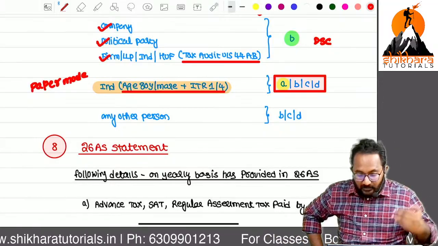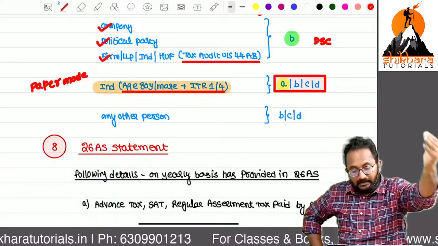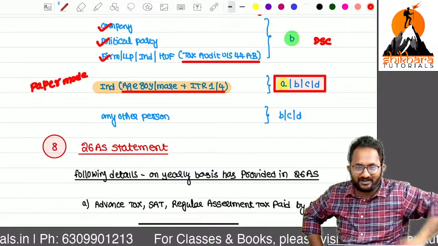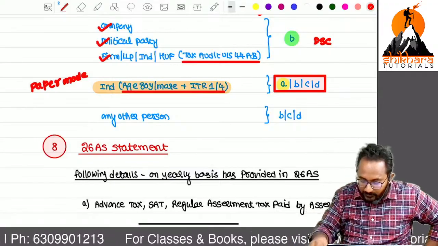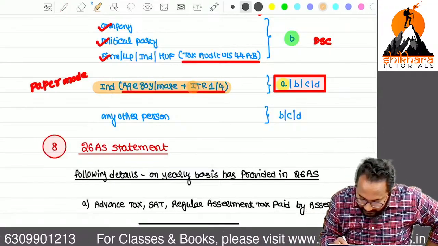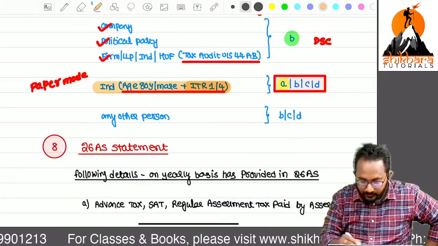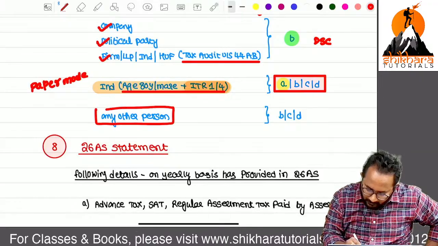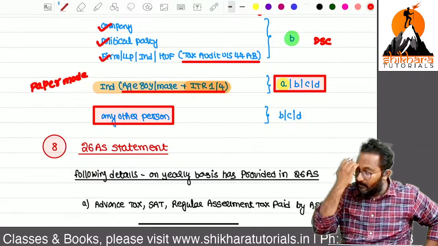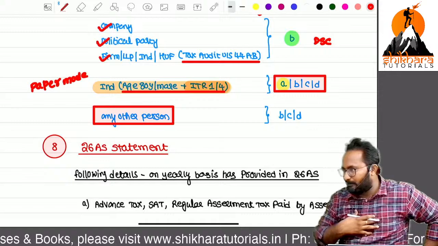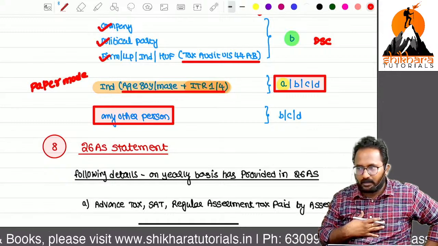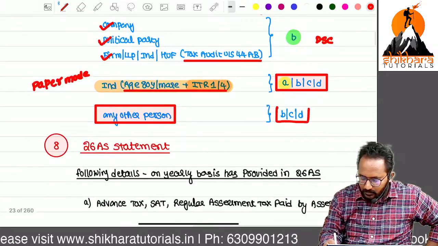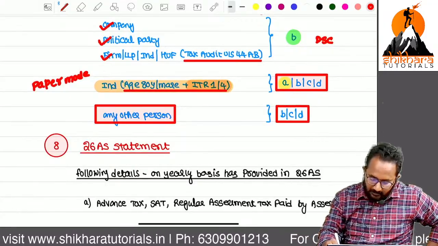Sir, an individual aged more than 80 years but going with ITR 2, paper form is not available, because it is available only for ITR 1, ITR 4. Any other person, for example, I am a salaried employee, which modes of e-filing?